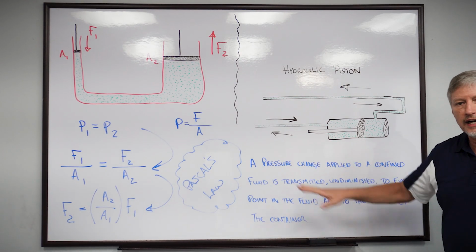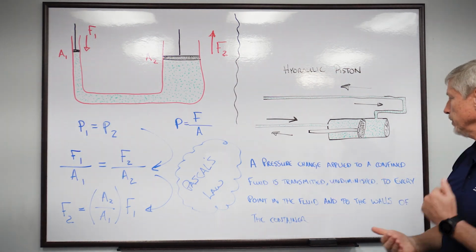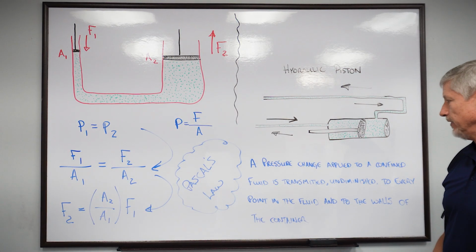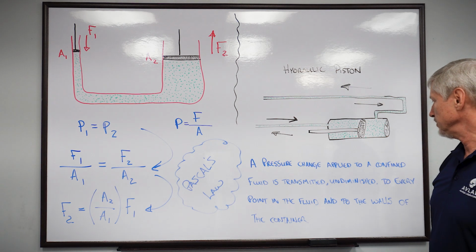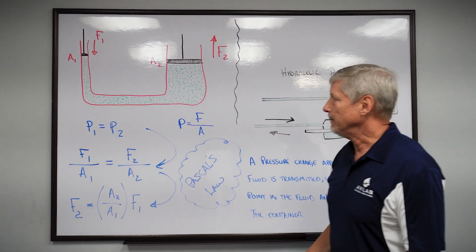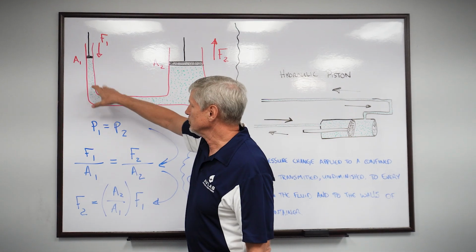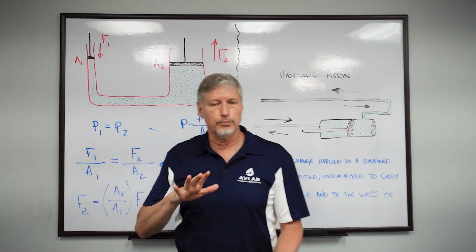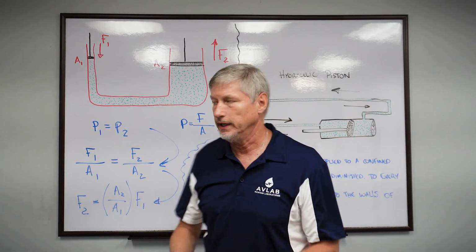So if we said it out loud, Pascal's law would be: a pressure change applied to a confined fluid is transmitted undiminished to every point on the fluid. What that means is that because fluid is not compressible, you can't compress fluid.